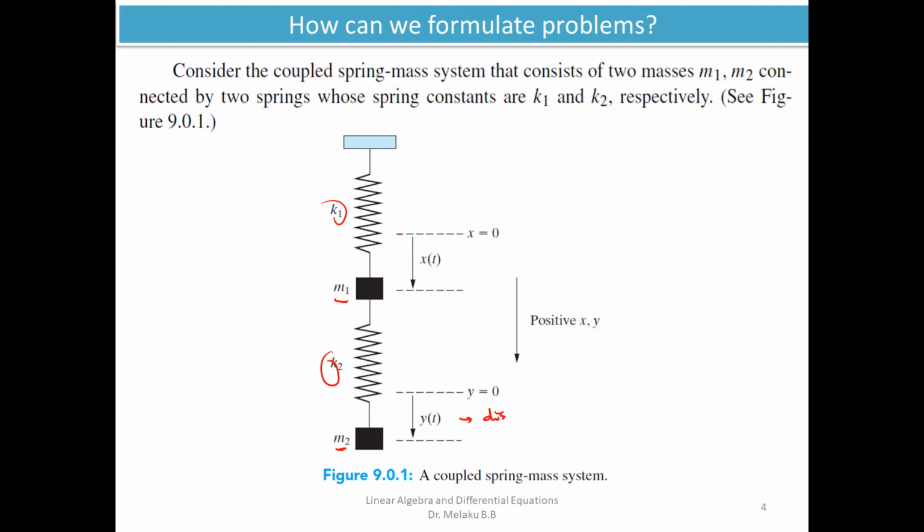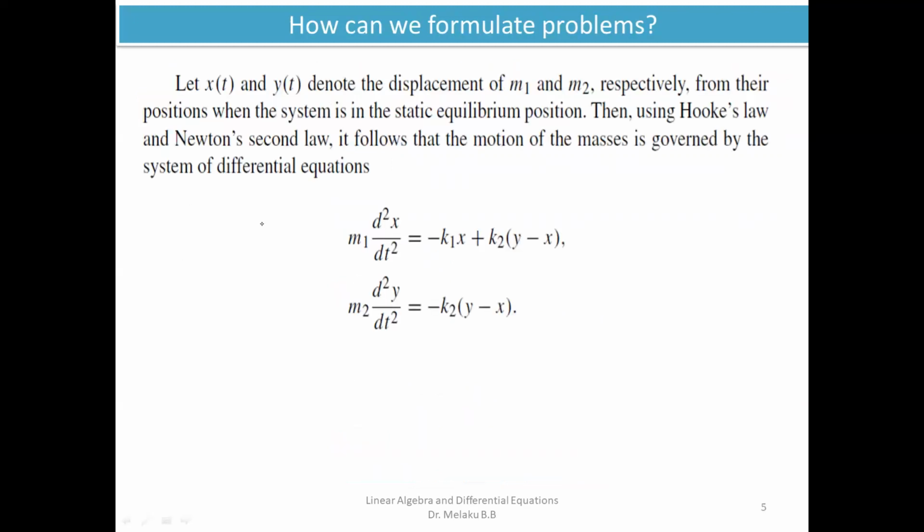The positions of the original objects changed. Therefore, if we say that x(t) and y(t) represent the displacements of M1 and M2 from their original positions, the system is in a static equilibrium position.